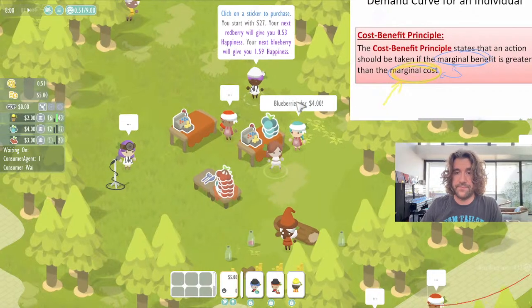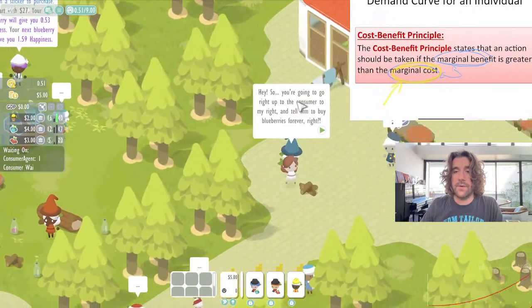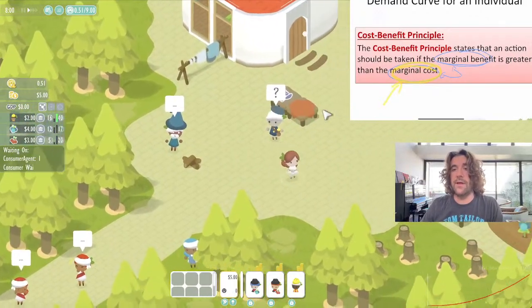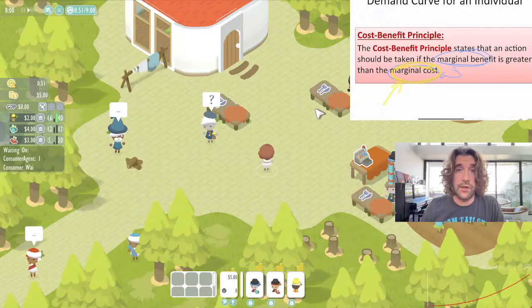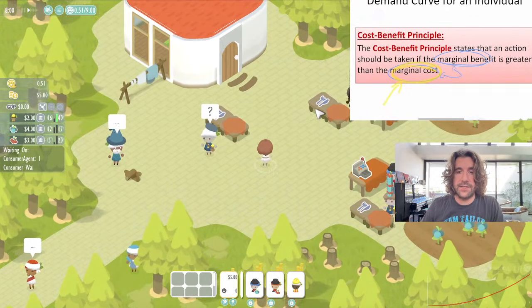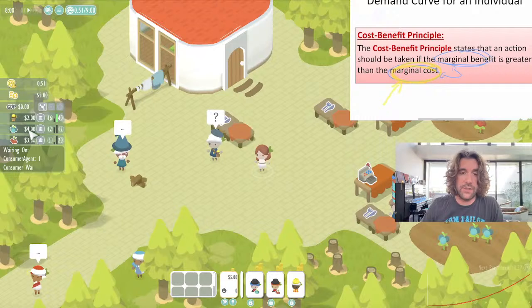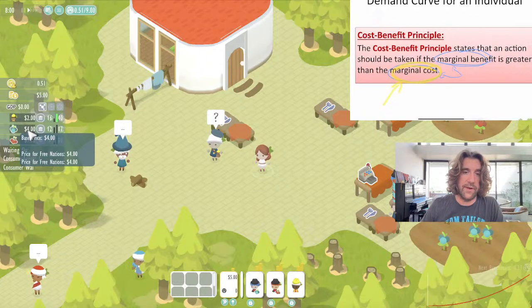There you have it. Now going to the next part of the level, here we want to learn how to make these decisions when the situation is such that these prices may be changing. So what happens if the price of a red berry, for example, increases or decreases?